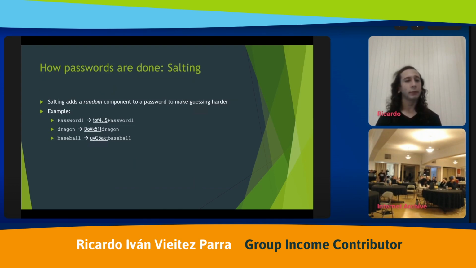So if I take some passwords here, I have three examples. One is password one, the other one is dragon, the other one is baseball. The server typically, or in the case of Group Income, the client, so like the user's browser, generates some random string, and that random string is combined with the password.